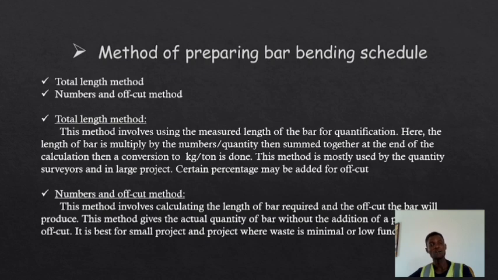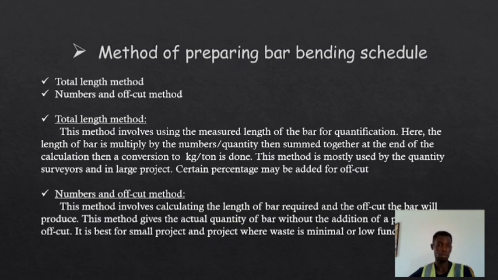Then the number and off cut method is the method I discovered while doing bar bending schedule, when at the end of the day you still have some shortage of reinforcement on site. This is going to set the project finishing time backward because you need to request for additional reinforcement and wait, and spend money on additional cost of transportation before getting the reinforcement.